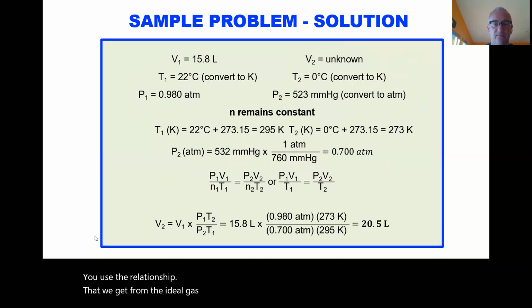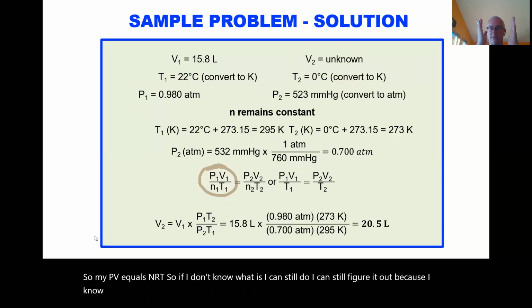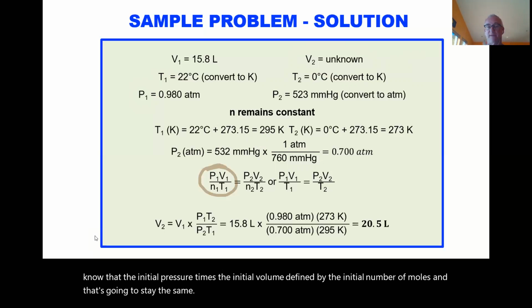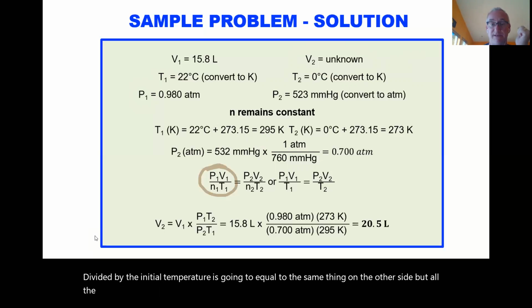You remember that, so my PV equals nRT. So if I don't know what R is, I can still figure it out, because I know that the initial pressure times the initial volume divided by the initial number of moles, and that's going to stay the same, divided by the initial temperature is going to equal the same thing on the other side, but for the second set of circumstances.